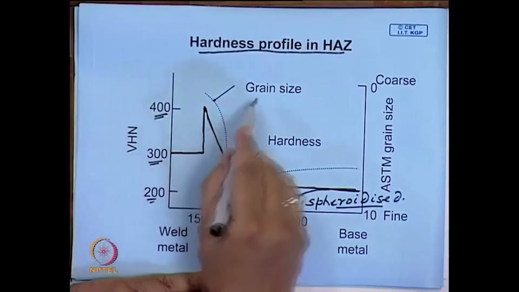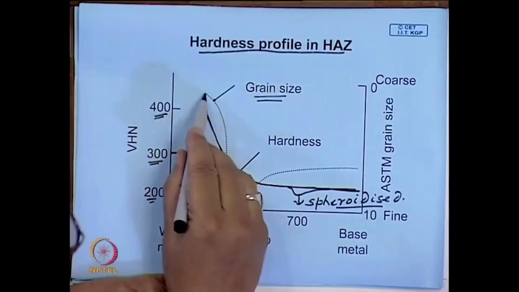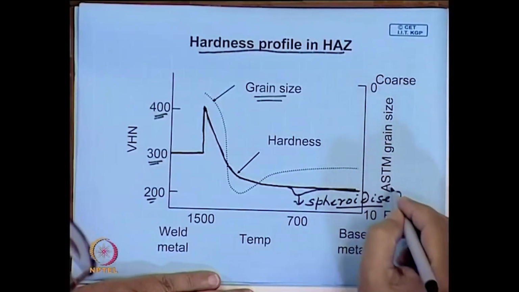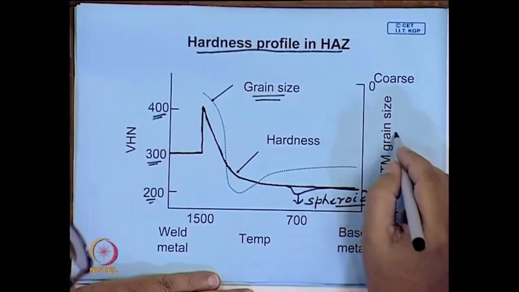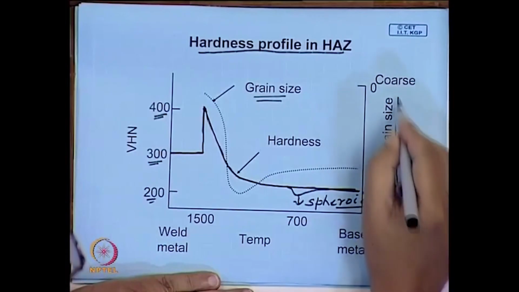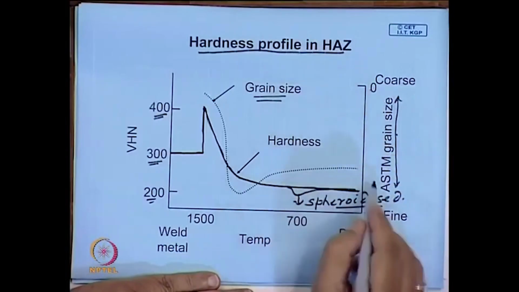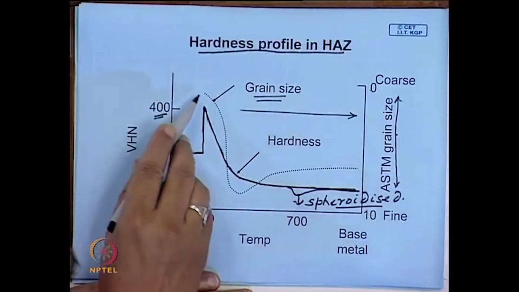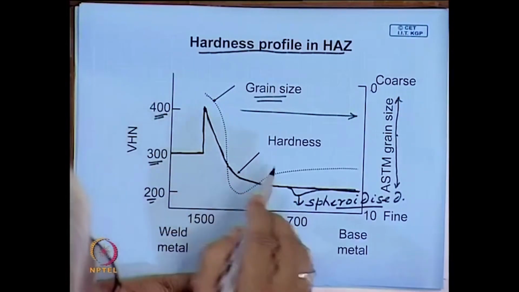And if you also look at the microstructure, you will find this is the excessive grain growth area. Grain size in steel is usually measured in terms of the austenite ASTM grain size number, which we talked about in the lecture earlier, and lower the number, coarser is the grain. So, here the grain is coarse, and as you go away from the fusion zone the grains start becoming finer.